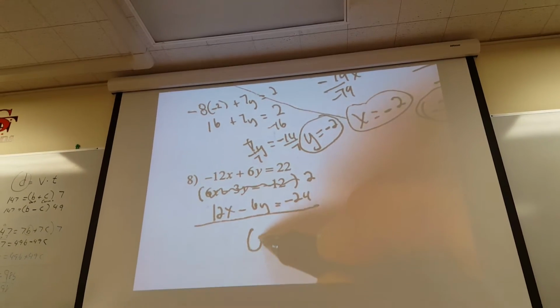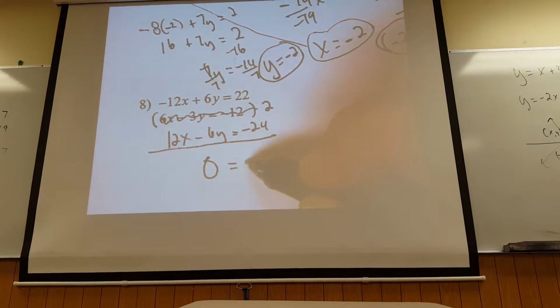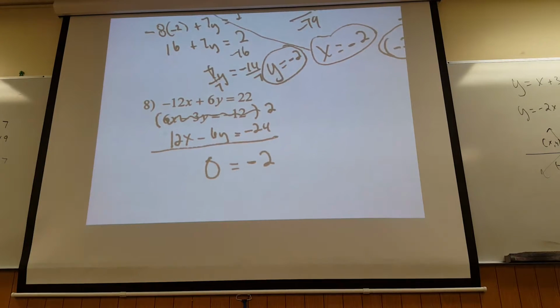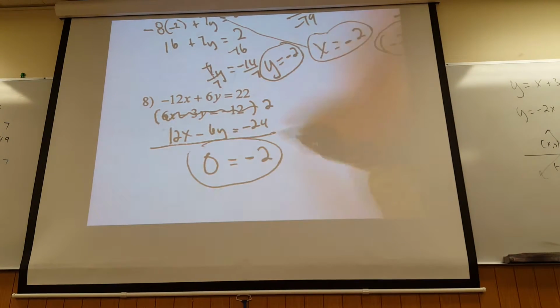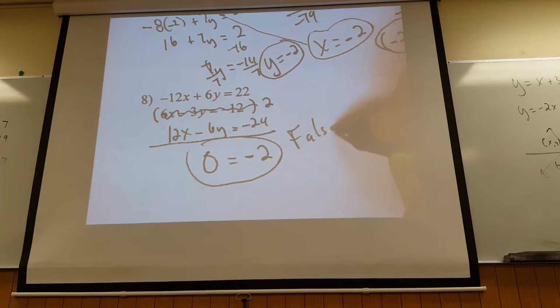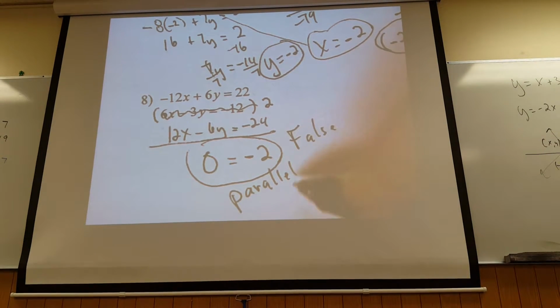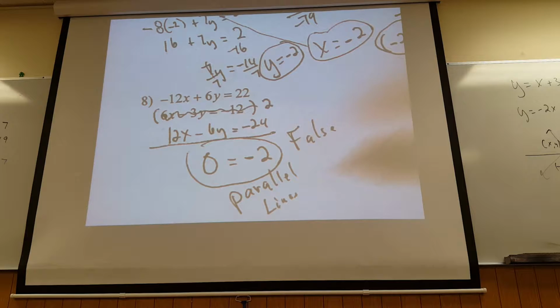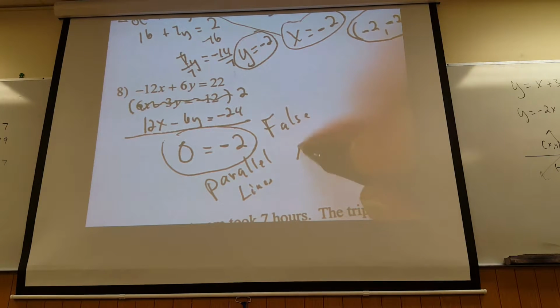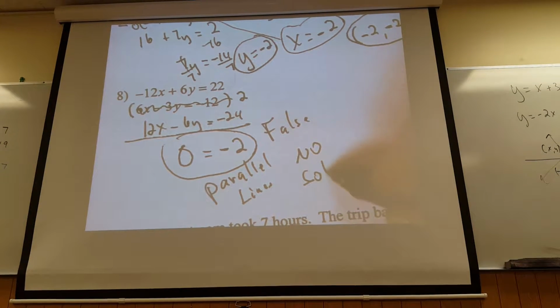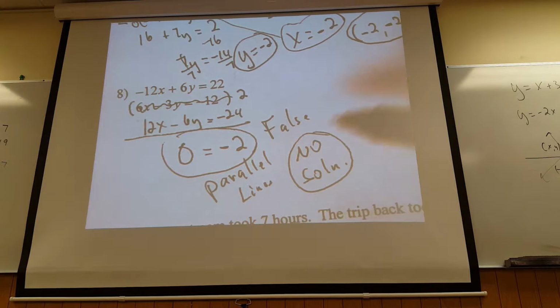So this says 0 equals negative 2. And that's a false statement. So that means these are parallel lines. So what's the answer here? So this is the no solution. So you have to write no solution.